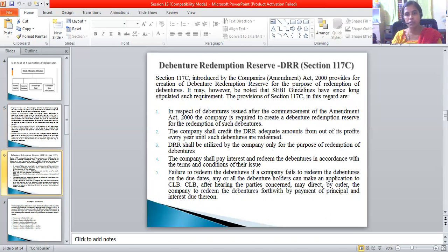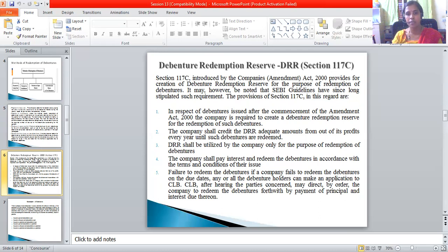Then the debenture redemption reserve. Section 117C, introduced by the Companies Amendment Act 2000, provides for the creation of a debenture redemption reserve for the purpose of redemption of debentures. It may be noted that the SEBI guidelines have long stipulated such requirements. For debentures issued after the commencement of the Amendment Act 2000, the company is required to create a debenture redemption reserve out of adequate profits, and only out of that can the debentures be redeemed.